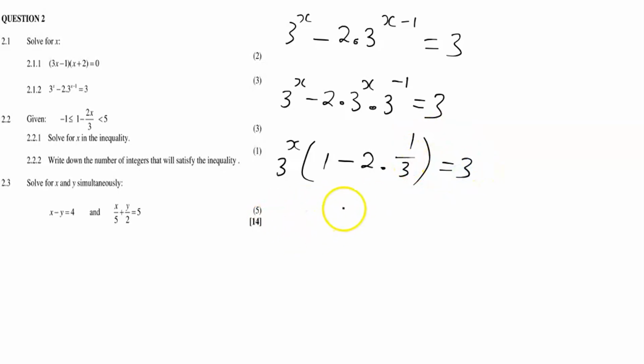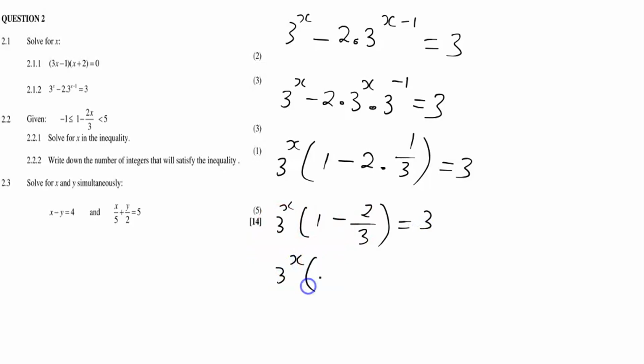And all this is equal to 3. And now you've got 3 power x into 1 minus, let's just say this is 2 over 3, instead of repeating it. So it's 2 over 3, and then all this is equal to 3.